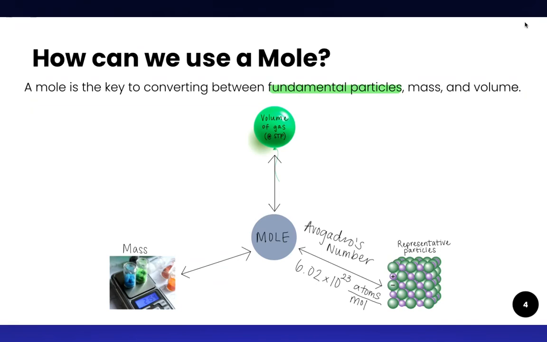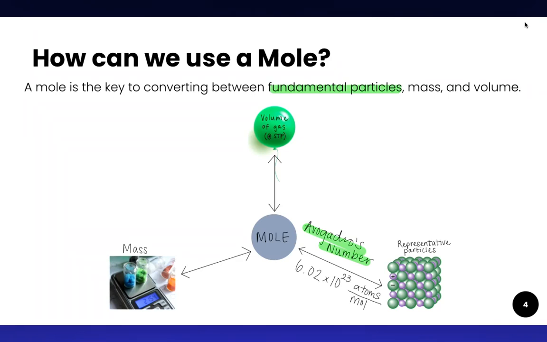Just leave the E off so you'll see it that way sometimes. So if you're converting from moles to fundamental particles, you will multiply the number by 6.02 times 10 to the 23. And if you're converting from representative particles to moles, you will divide your number by 6.02 times 10 to the 23.